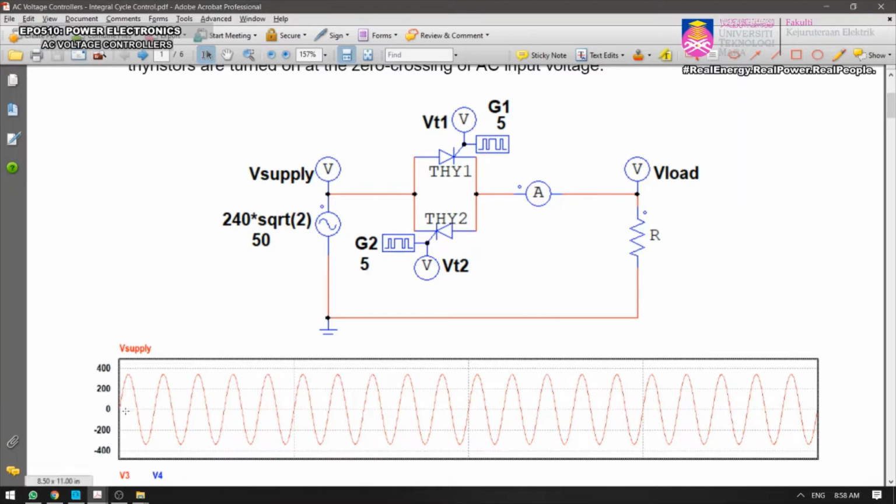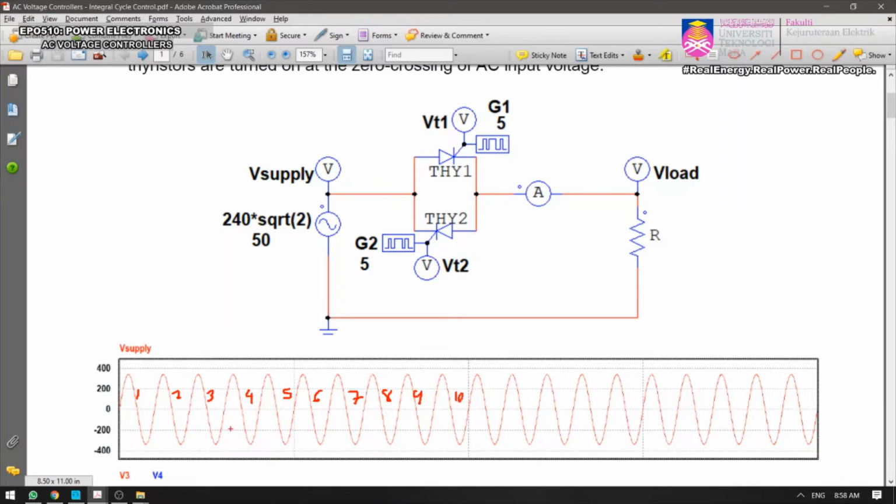So here you're going to see that there are 10 cycles of the input voltage: 1, 2, 3, 4, 5, 6, 7, 8, 9 and 10.